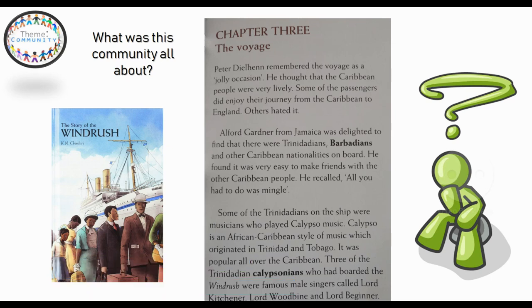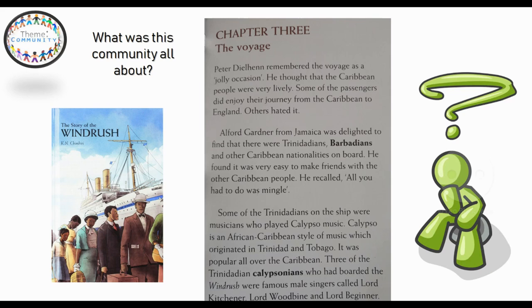Some of the Trinidadians on the ship were musicians who played calypso music. Calypso is an African Caribbean style of music which originated in Trinidad and Tobago. It was popular all over the Caribbean.